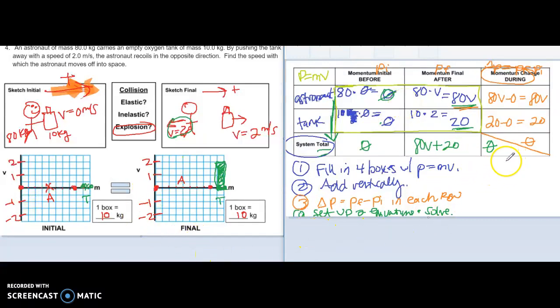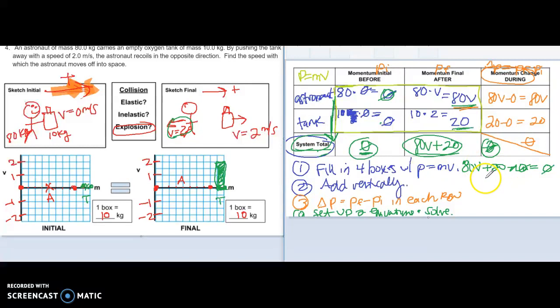Let's set up first the easiest one, which is the system total, since it looks a little simpler. I'm going to do the final, which is 80V plus 20, minus 0, because I'm doing this minus this, and that is going to equal 0. Now this 0, who cares?